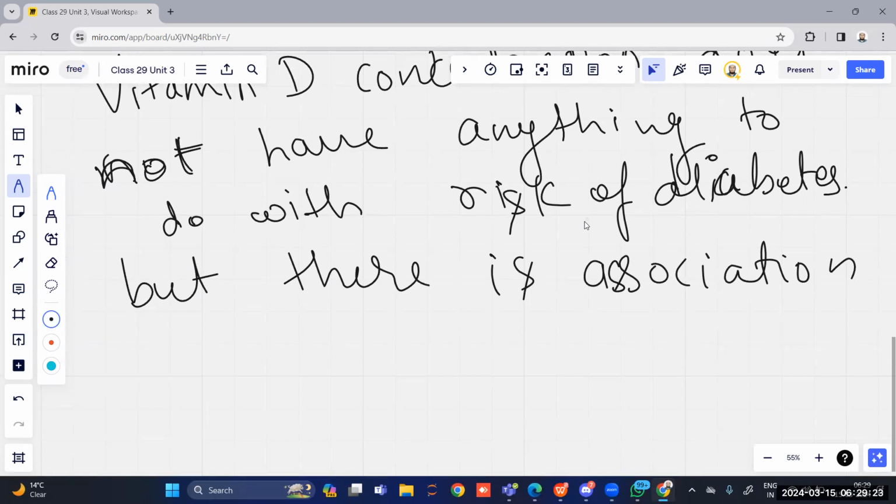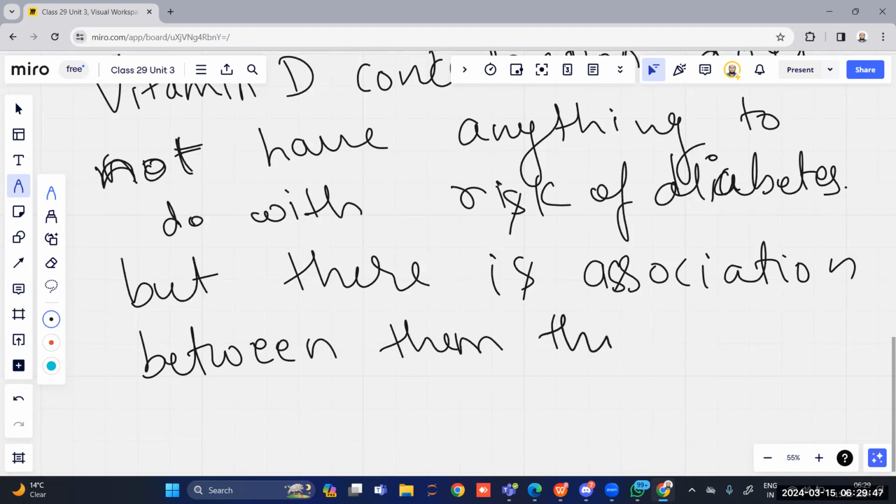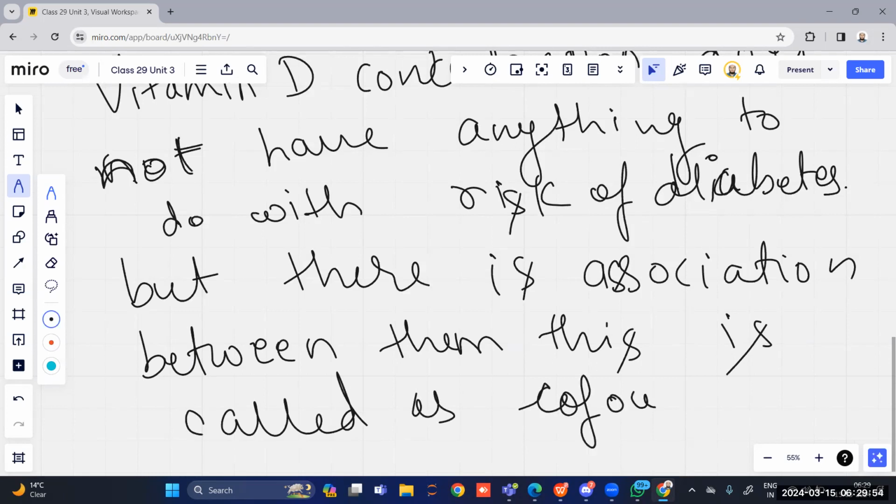If I say consumption of sugar by an individual and then risk of diabetes, then you can say yes, there is a relation between the two of them. But here there is no relation between the two, but there is an association between them. This is called confounding.